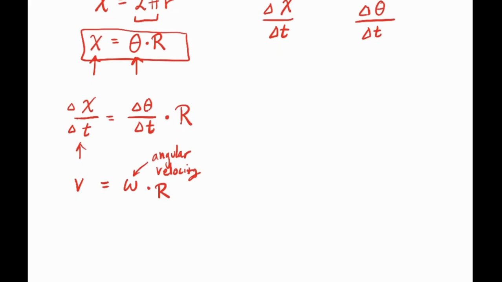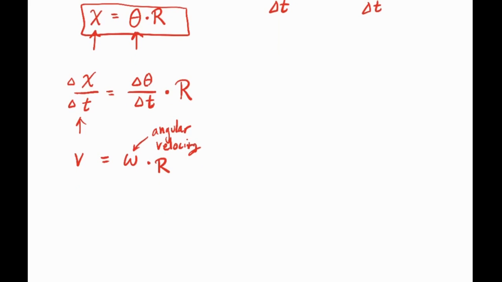And then I could do the same thing again. I could divide by time on both sides. And when I have my change in velocity divided by my change in time, I get acceleration. And when I have my change in angular velocity divided by my change in time, I will get angular acceleration. And so what I end up having is I can make a very simple table to convert between the two.